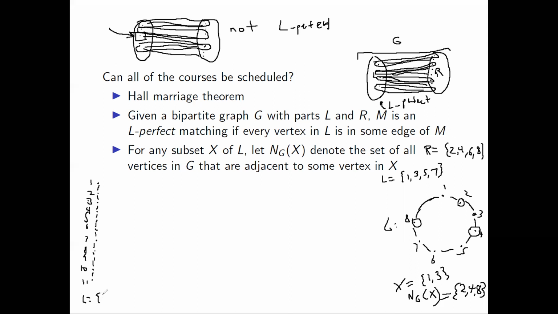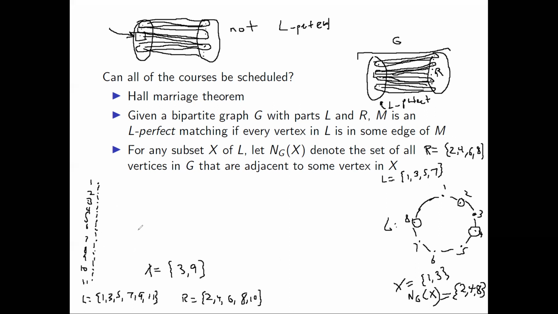So L will be the set 1, 3, 5, 7, 9, and 11. And R will be the set 2, 4, 6, 8, 10. And we could take, let's say, the set X equals 3 and 9.